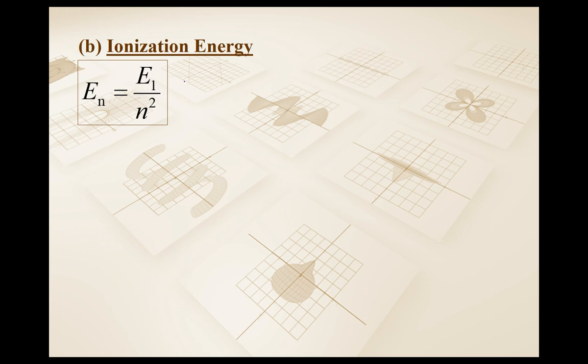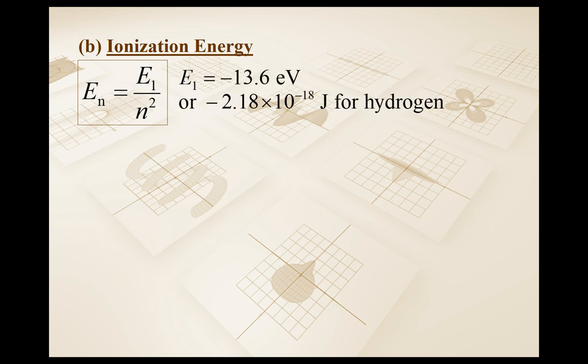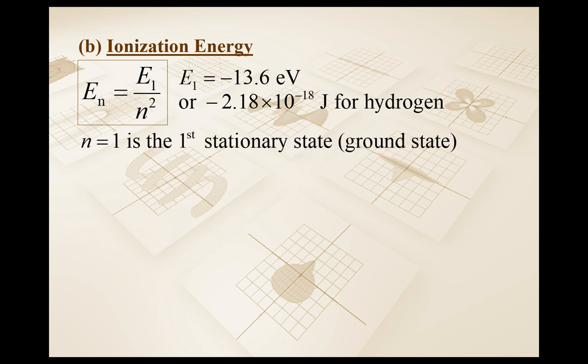So the equation we have here is En, the ionization energy in the nth stationary state, is E1 divided by n squared. So E1 is negative 13.6 electron volts.